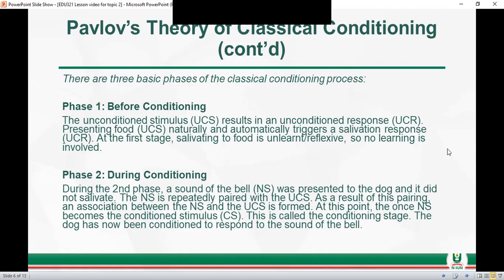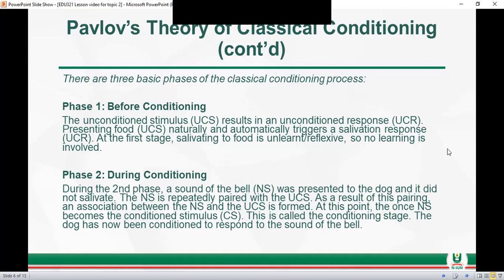During phase two, that is the stage of the conditioning, listen to this. During the second phase, the sound of the bell was presented to the dog, and it did not salivate. Now, the sound of the bell was paired with the food. That is, Pavlov rang the bell and immediately presented the food to the dog.